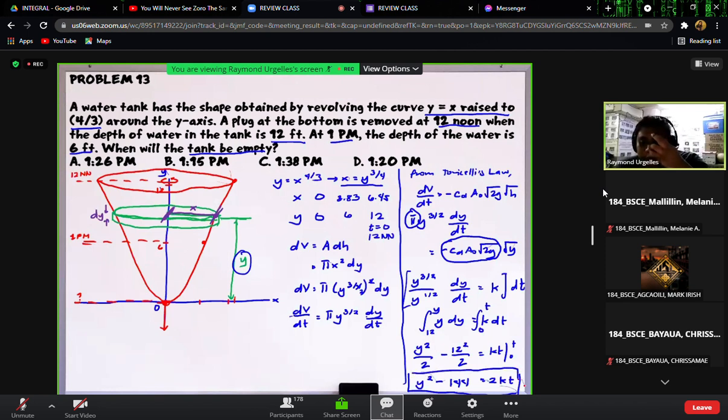Which gives us yung y natin as a function of t. Pero para makumpleto natin to, kailangan natin ma-solve yung 2k. So para ma-solve natin yan, gagamitin natin yung isang condition natin, yung after 1 hour. So at t is equal to 1 or at 1 p.m., kung saan alam natin yung y natin ay 6 feet.